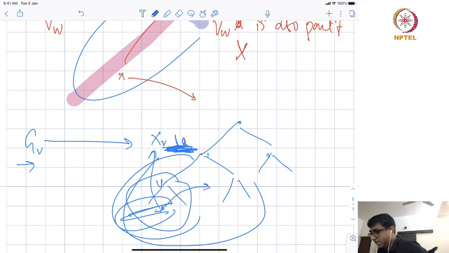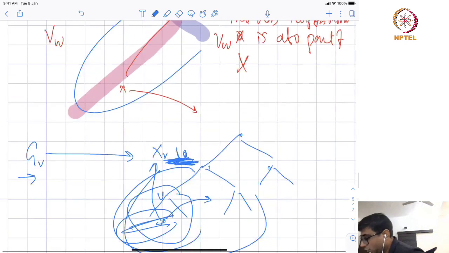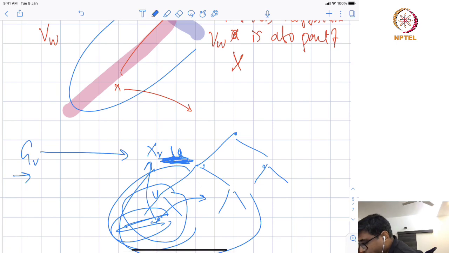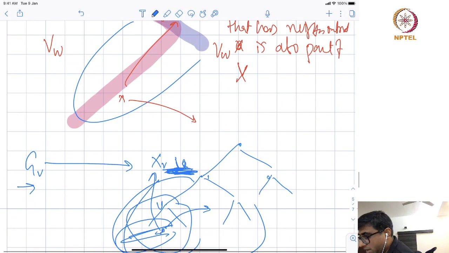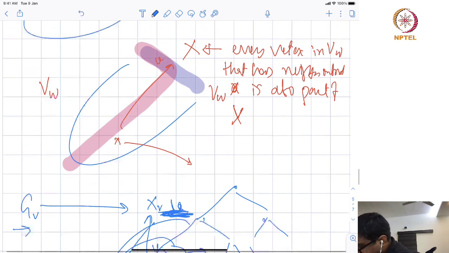Now notice that, as I told you, the same vertex could appear several times in helping us in separating. Once it becomes a part of the boundary, it remains boundary. It means that if V appears here, look at some vertex, look at this set.